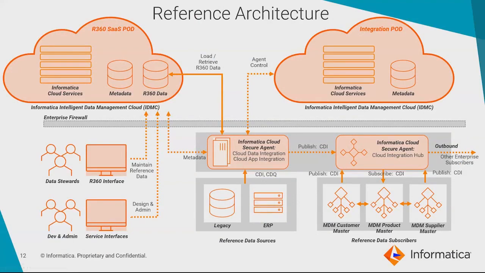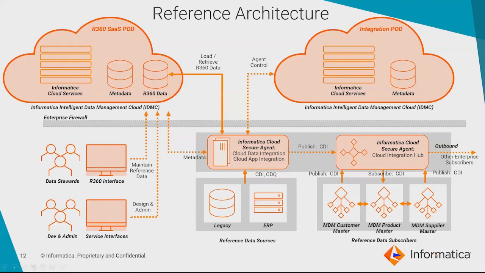If you're used to the Data Integration Hub, the Cloud Integration Hub is the same software under the covers. It works the same way. It's just cloud enabled. So you still define CDI. You can use CAI. You can publish to the Cloud Integration Hub. You can subscribe to topics. Works very similar way.